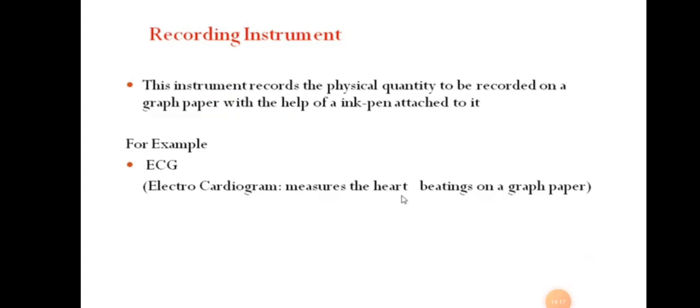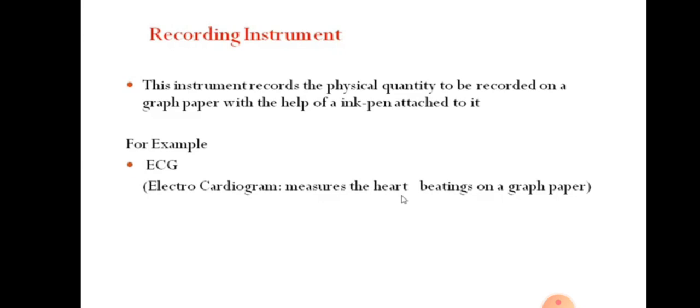As from the name itself we can say it is used to record some data. This instrument records the physical quantity on graph paper with the help of an ink pen attached to it.